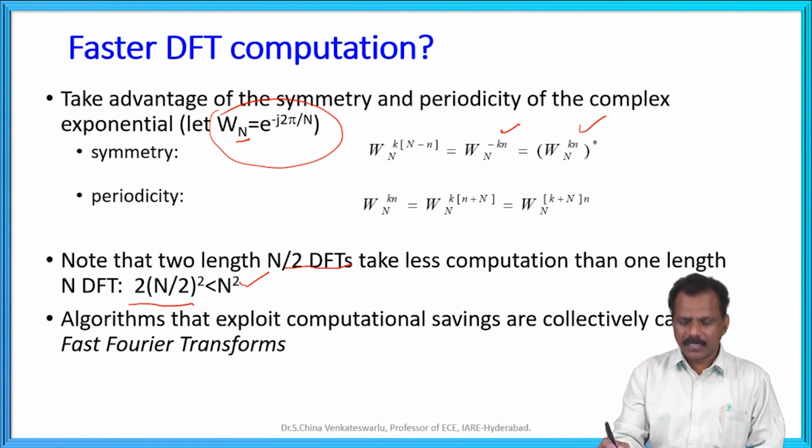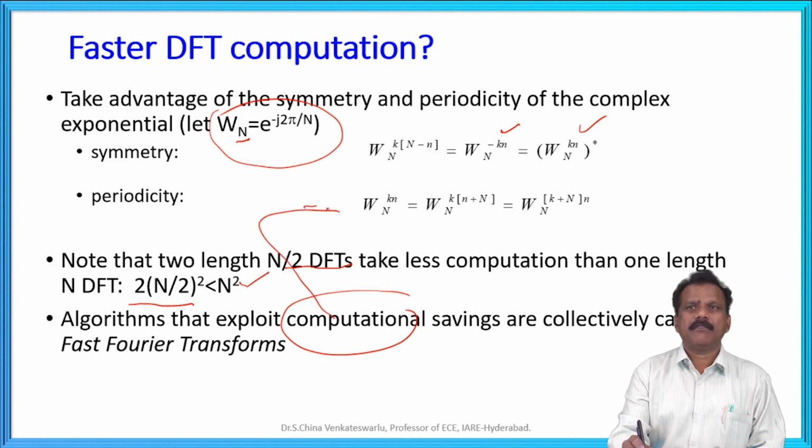Why is computation saving needed? Computations are very high, because based on the n value, the k value has to be substituted, and likewise for the other index.